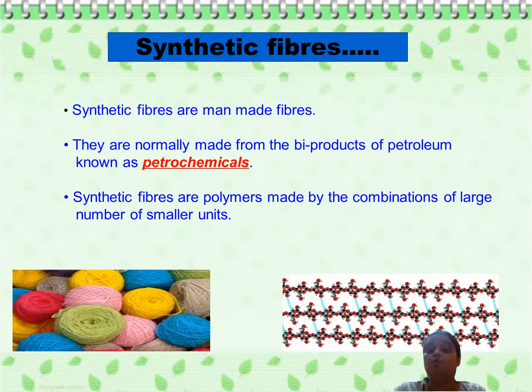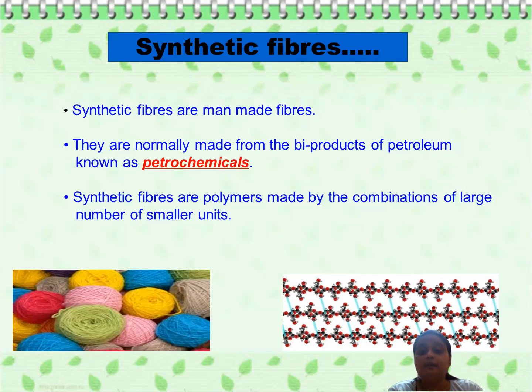Petroleum is the crude oil from which you get different kinds of fuels, kerosene, diesel, natural gas, and so many things. You also get chemicals called petrochemicals, which are used in making synthetic fibers. So petroleum, the crude oil, is very useful.